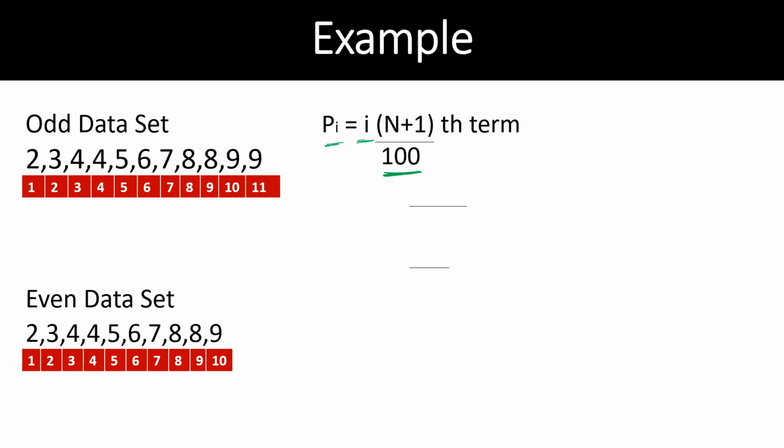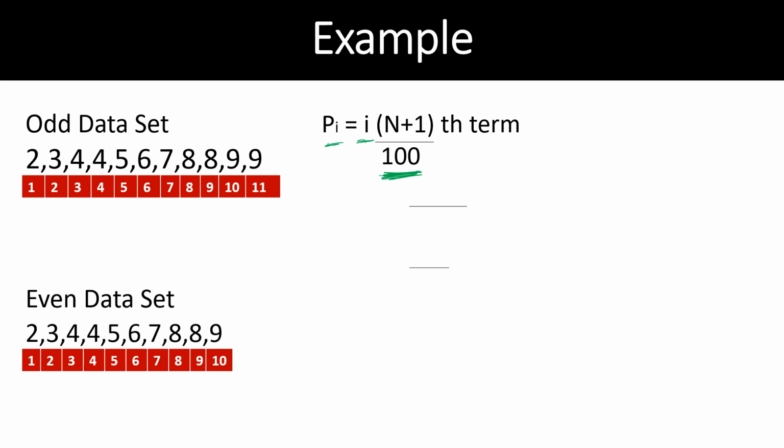In case of quartile, it was 4 because quartile divides the data into 4 equal parts. For decile, it was 10 because decile divides the whole data set into 10 equal parts. For percentile, here it is 100 which divides the whole data set into 100 equal parts. So we can calculate any percentile by using this formula.